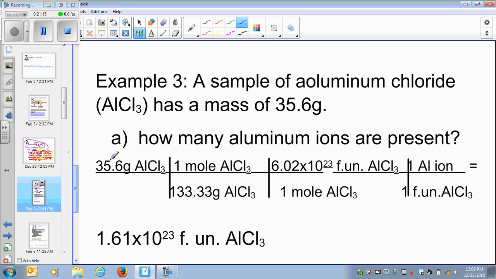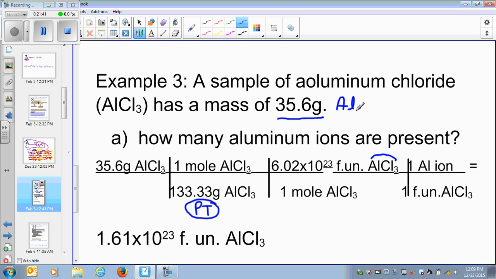Third example, you are given again grams, so you start with grams, then you go to the periodic table, get the molar mass. Okay, this information is coming from the periodic table, equals to 1 mole, and then 1 mole equals to this many formula units. And then it's asking for a sample of aluminum chloride has a mass of this. How many aluminum ions are there?